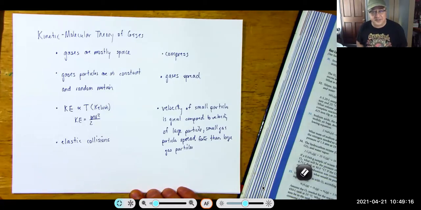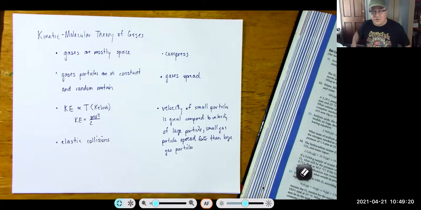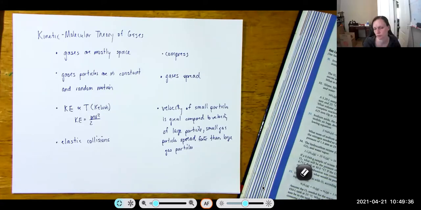Well, if they stuck to you, they wouldn't be able to come back and hit you again and give you more pressure, would they? Right. So eventually, if all the particles lost all of their kinetic energy and stuck to everything they landed on, would there be anything such as pressure? No. There would be no pressure.